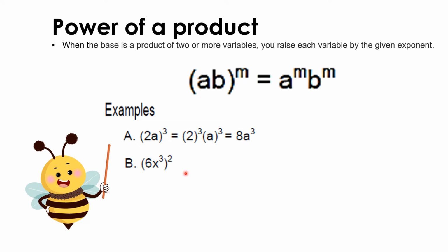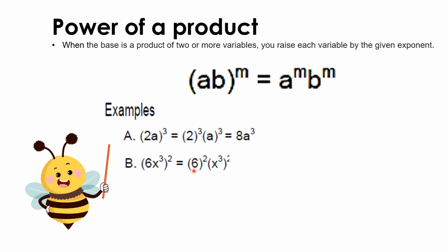Next, we have 6x cubed, open and close parenthesis, raised to 2. So we have 6 squared times x cubed squared. That is applying power of a product, and then we apply the power of a power law by multiplying the exponent inside and outside the parenthesis.